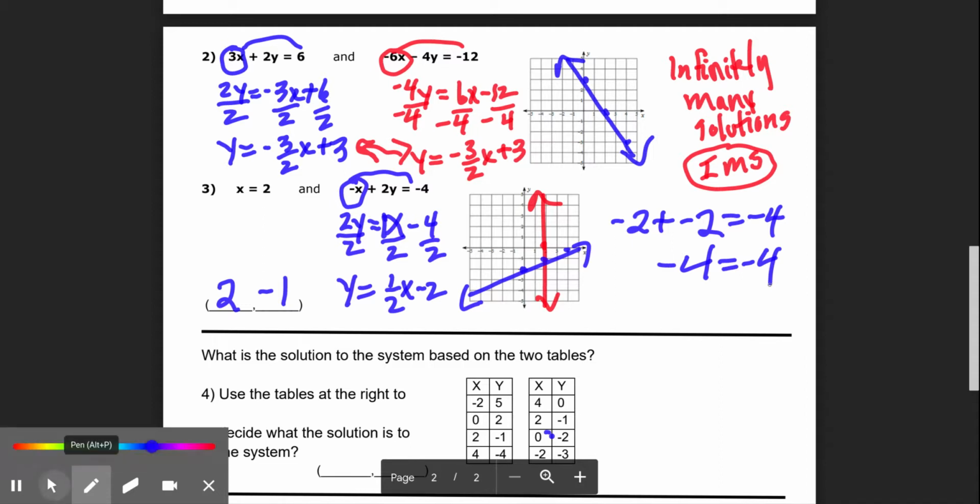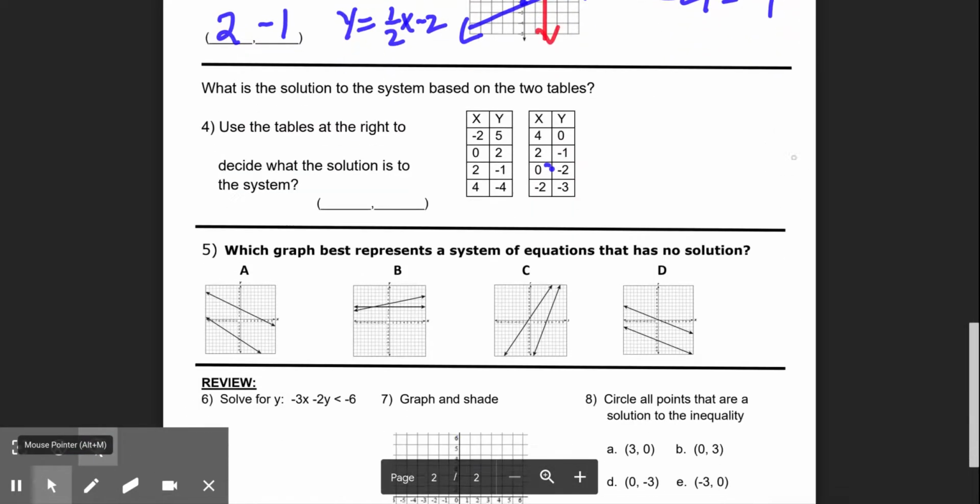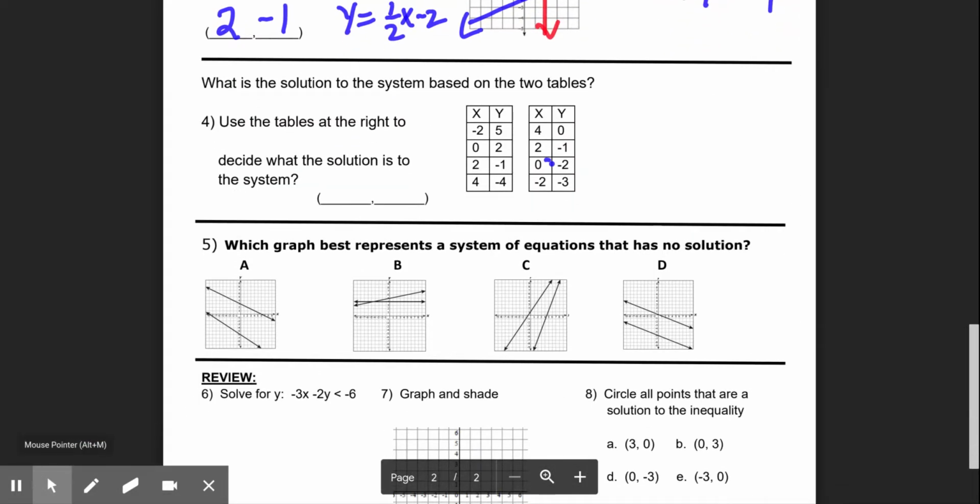All right, let's go ahead and take a look at problem 4. What is the solution to the system based on the table? So use the tables to the right. Decide what the solution is to the system. All right, so we're going to look. Let's see, we got a negative 2 here and a negative 2, negative 3. So it's not that one. We've got 0, 2 here.